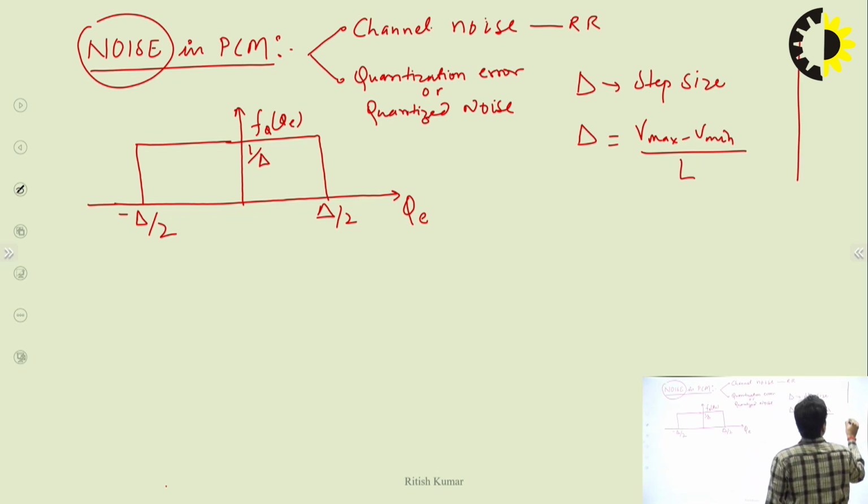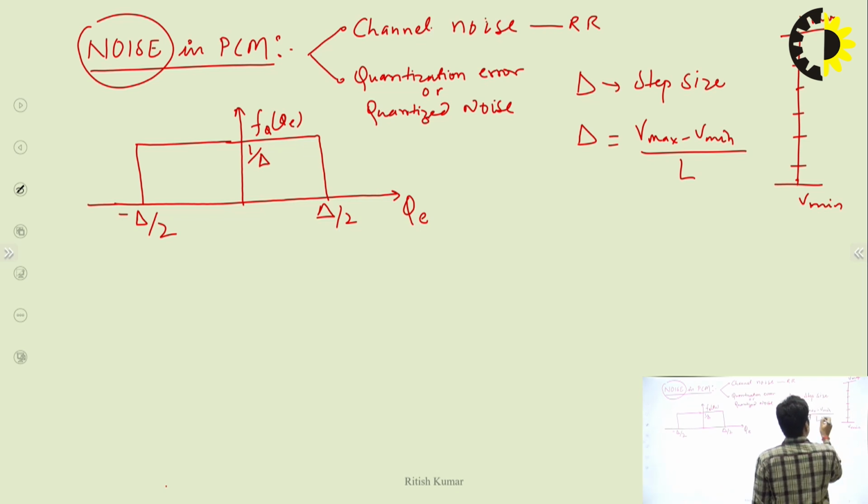Suppose we have this level V max and this value V min, and we take L number of levels within this whole dynamic range.